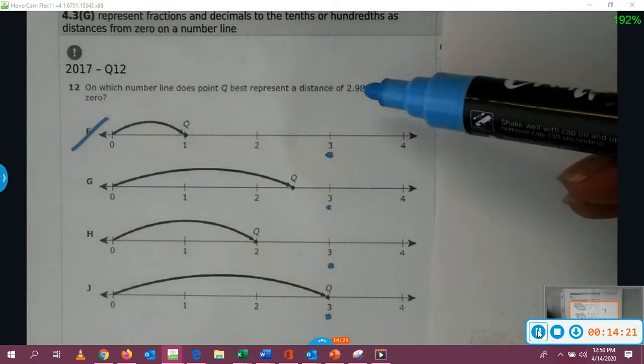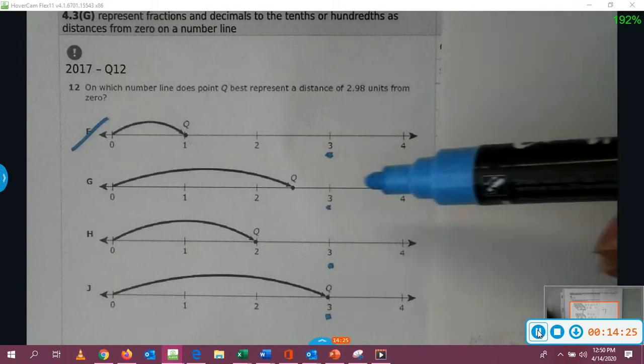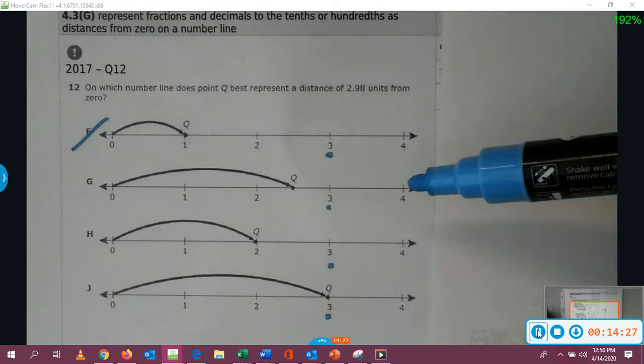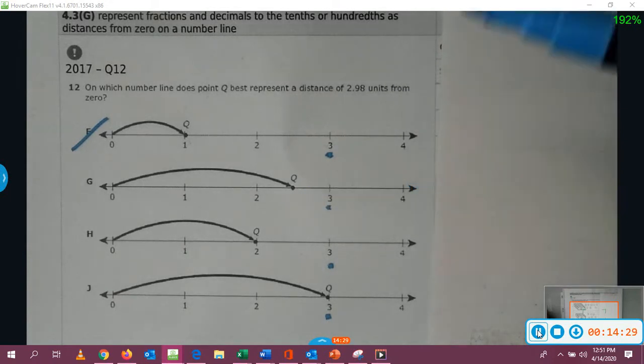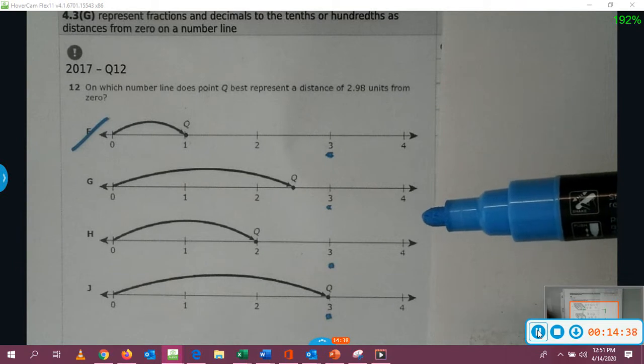remember, so if it's 98 hundredths, how many spaces are in between? That's 100, right? So what's half of 100? Doesn't that look like it's about half? So that will be about 2.50? Maybe? Something like that. Okay.